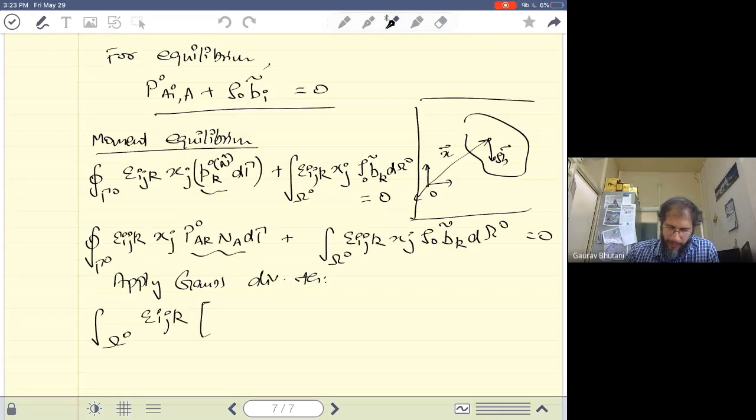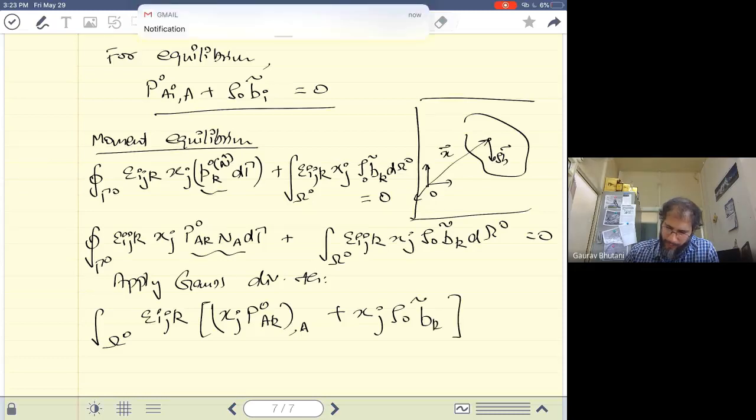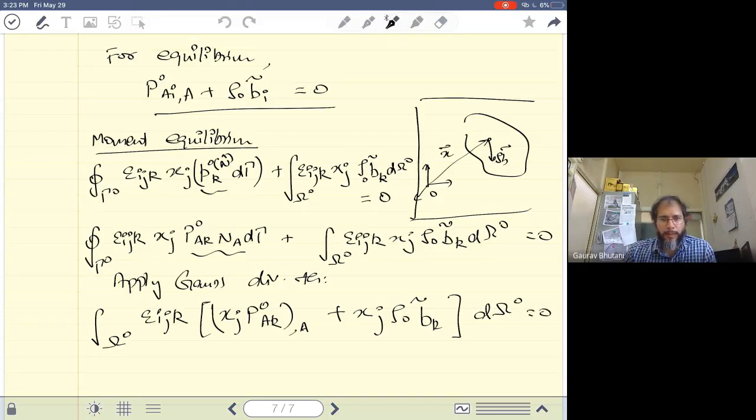And then we have xj times P naught ak comma A plus xj rho naught bk tilde. So I've applied the Gauss divergence theorem to convert the first integral to a volume integral and then combined the two volume integrals into one term and taken epsilon common as well.